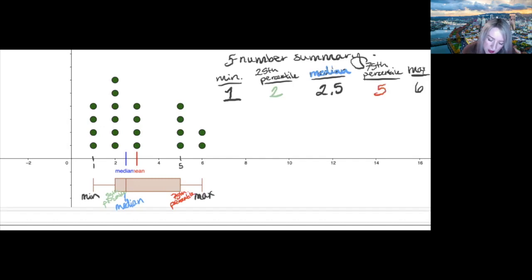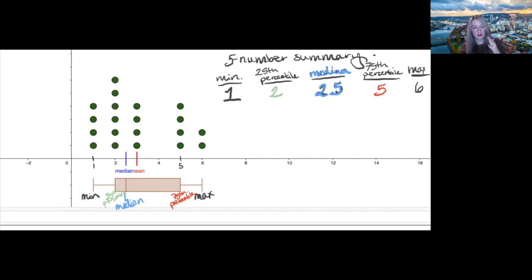So what if I didn't have the box plot already? What if I was going to try to figure out what these percentiles are and what they mean? How do you get them? So the 25th percentile is the median of that first half of the data. I'm taking the minimum to the data set's median and cutting that in half, and that'll give me the 25th percentile.